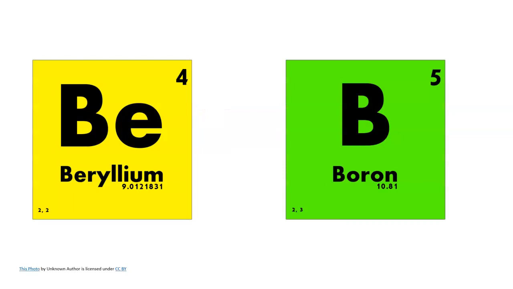Okay, so there are more exceptions to the octet rule, and we're actually going to get into that right now. Some exceptions: in some molecules and polyatomic ions, the central atom may have less or more than an octet. For molecules with incomplete octets, we're going to talk about beryllium and boron.